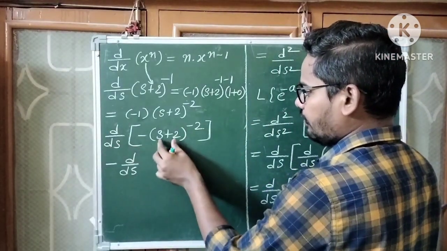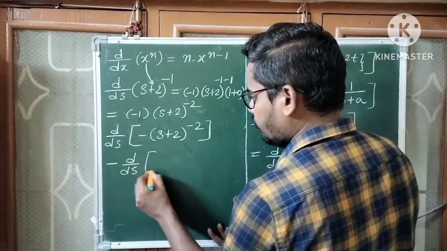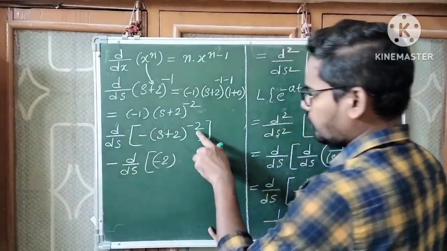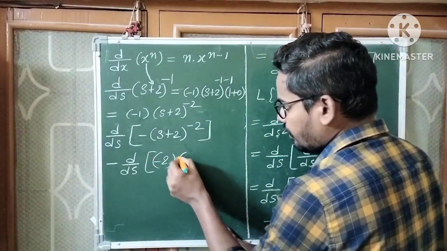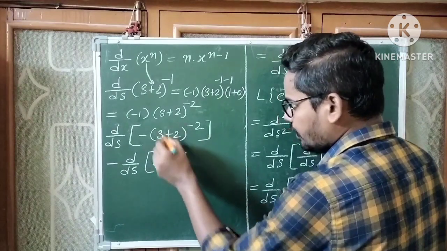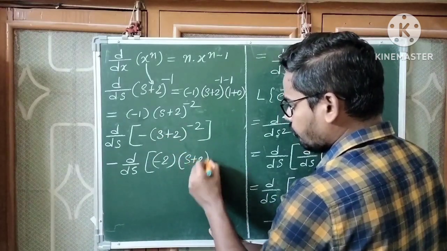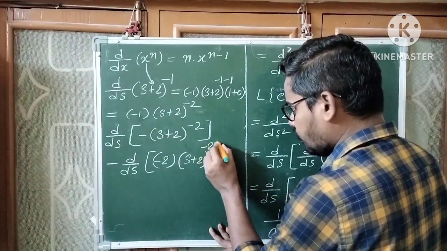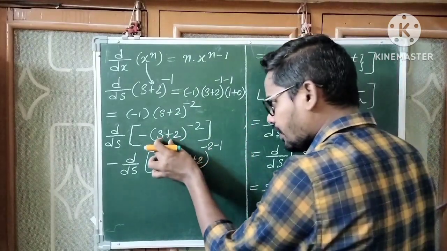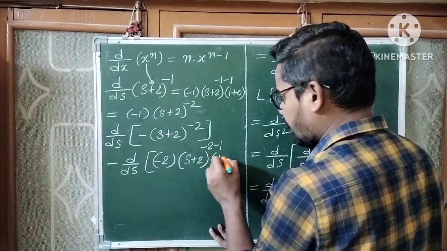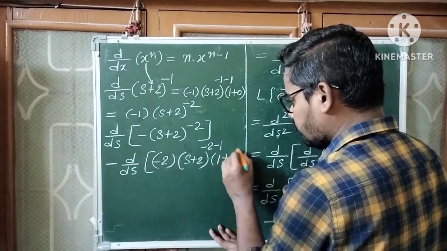By the formula, n into x power n minus 1, here n is equal to minus 2. So n into s plus 2 whole power n minus 1, minus 2 minus 1. Again apply the internal derivative: derivative of s is 1, derivative of 2 is 0.